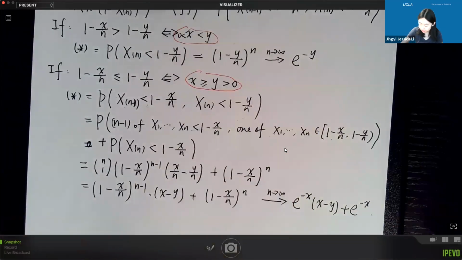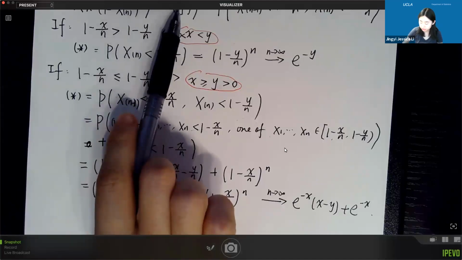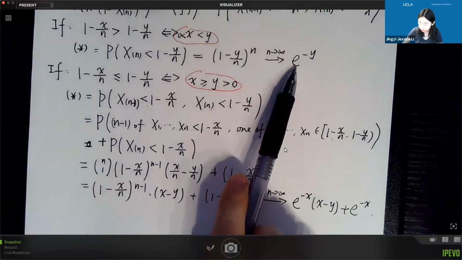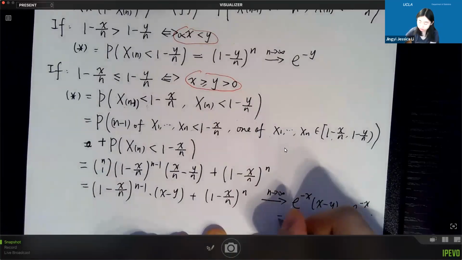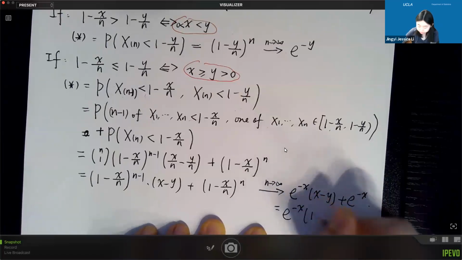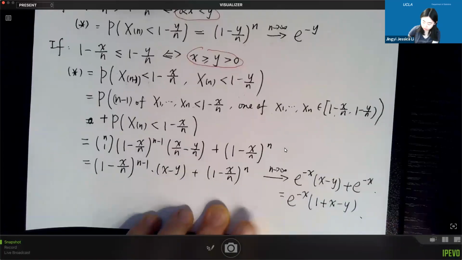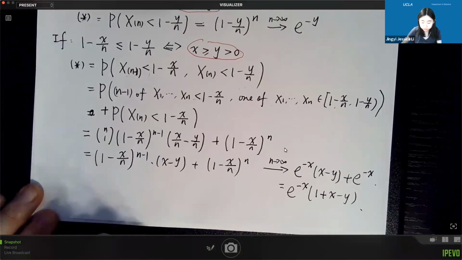Then finally, what's the limit? What distribution has this shape? Its joint CDF is either exponential to negative y or this. Let me simplify this a little by writing it as exponential to the negative x, times 1 plus x minus y. Then what would be the distribution for that?